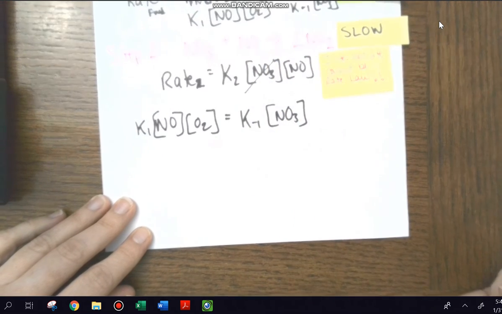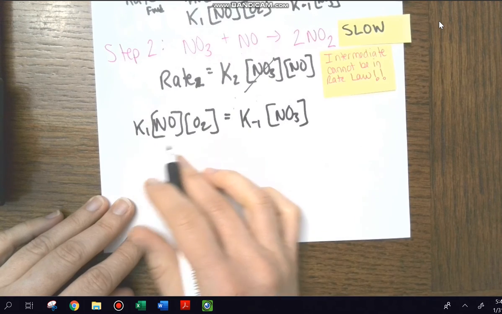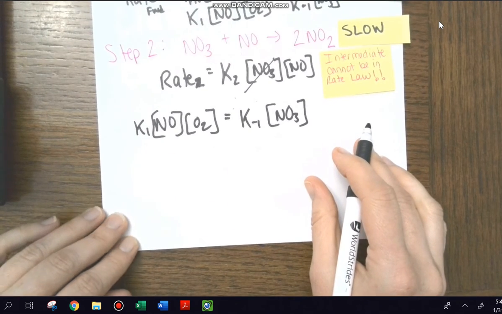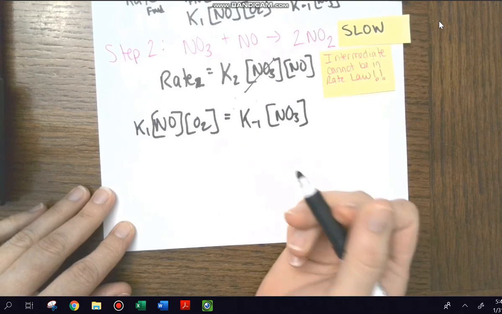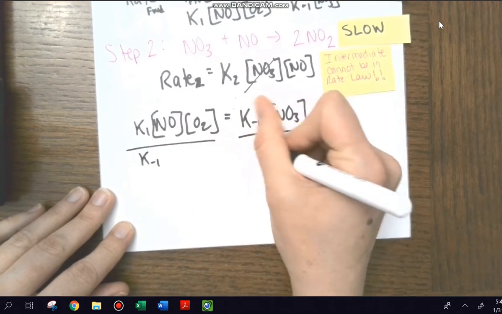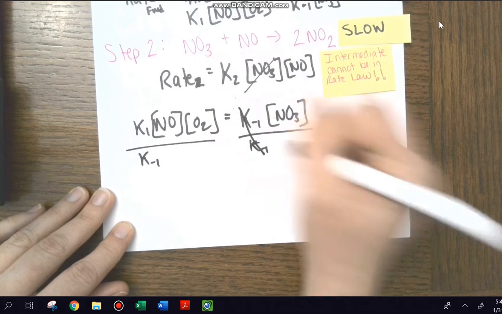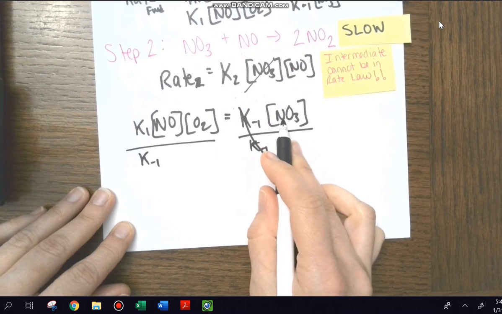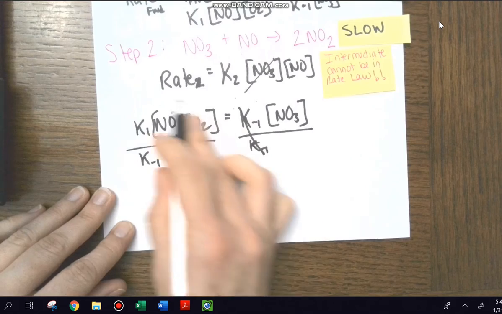Okay, and once I have that, I'm going to divide both sides by K negative 1. This crosses out. So now I know that NO3 is equal to this whole expression.